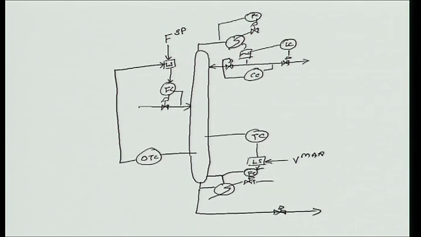So, what I wanted to say was that when I am running at low throughputs, let us see pen, ink color is let us say blue. At low throughputs, flow is fixed and temperature is controlled this way.